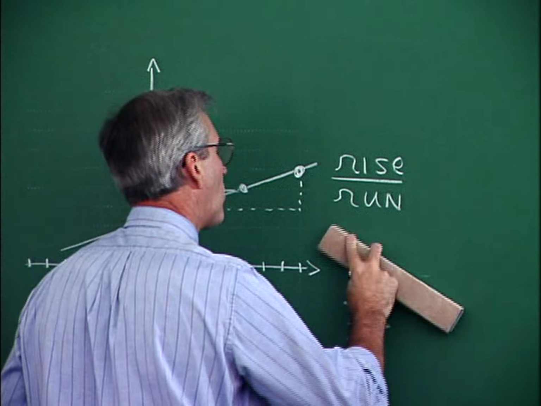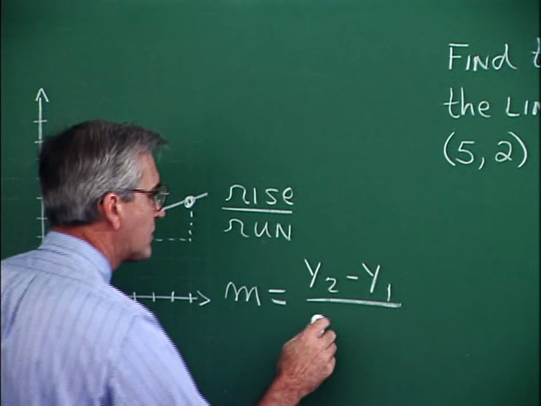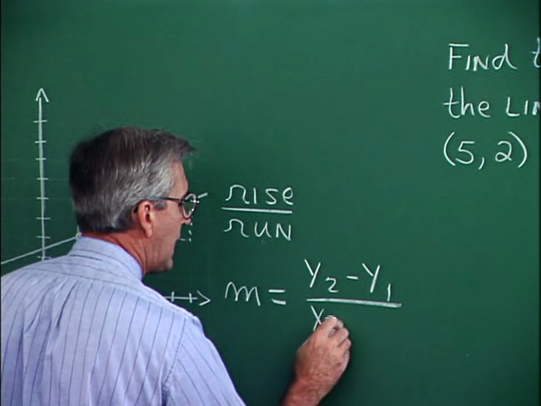When we're talking about a rise from one point to another, we're talking about a vertical distance. So the slope turns out to be, for the rise, y2 minus y1. These are subscript numbers. The run, a horizontal idea about x's, is x subscript 2 minus x subscript 1.